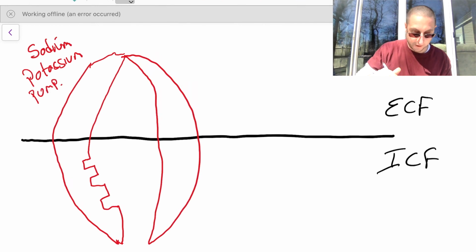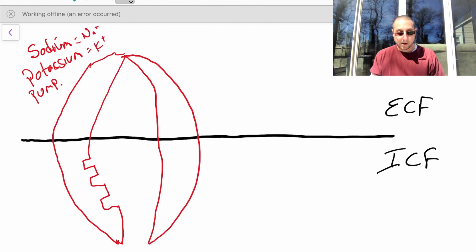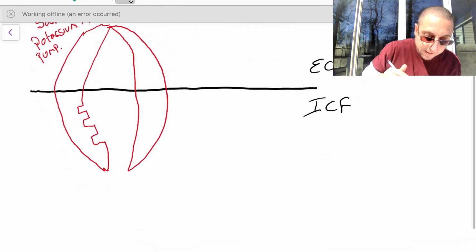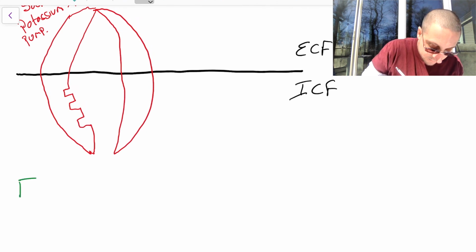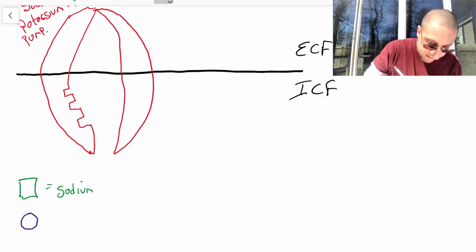And we can abbreviate sodium with an Na with a plus, and potassium is a K with a plus. Alright, so I am going to give you a little key over here. We're going to use green for sodium. That's going to equal sodium. And I'm going to use purple for potassium.